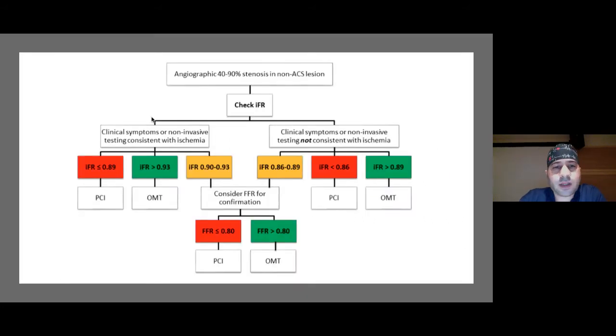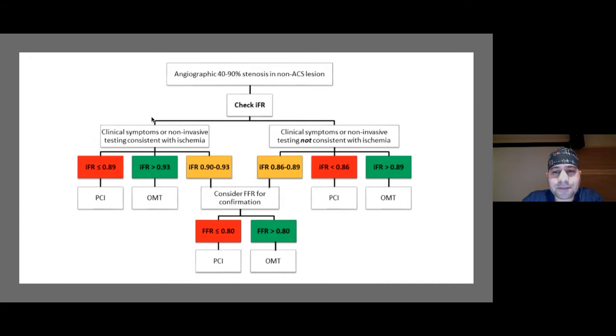So this is where this algorithm was created afterwards. If you had an angiographic moderate lesion, between 40 to 90 or even 40 to 80 percent stenosis, in a non-ACS patient, you can check iFR. And the iFR cutoff depends on whether you have symptoms of ischemia or testing consistent with ischemia. So if you have clinical symptoms of ischemia or a non-invasive test consistent with ischemia, you only need a positive iFR to lean towards PCI.